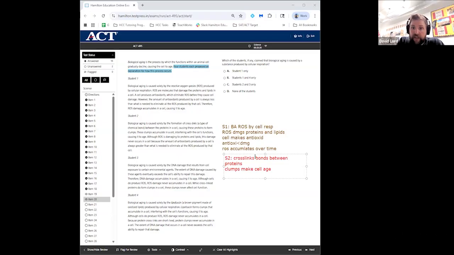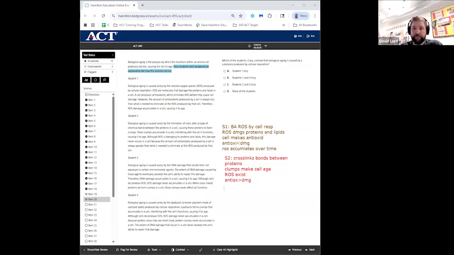And then although ROS damages protein, so ROS does exist, the damage never occurs because the cell's production of antioxidants is always greater than the damage. So that's a counter. The antioxidants are more than the damage. So that would probably be a question that they will tend to ask about that.